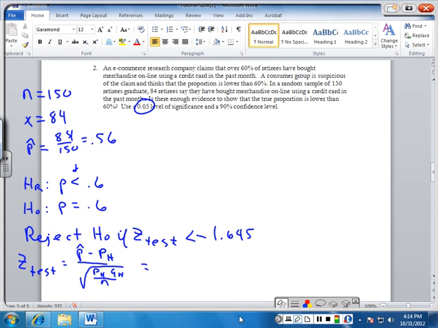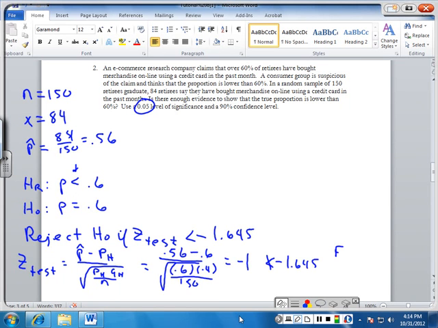So we're going to have 0.56 minus 0.6, sample proportion minus hypothesized proportion, over the square root of 0.6 times 0.4 divided by 150. Now that comes out to be minus 1, which is not less than minus 1.645.